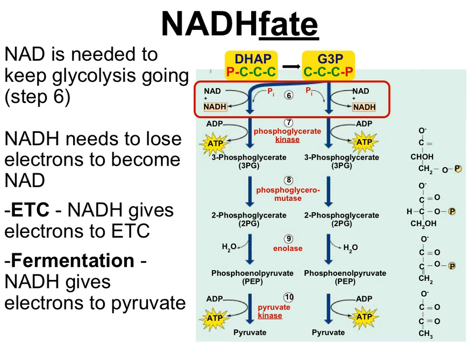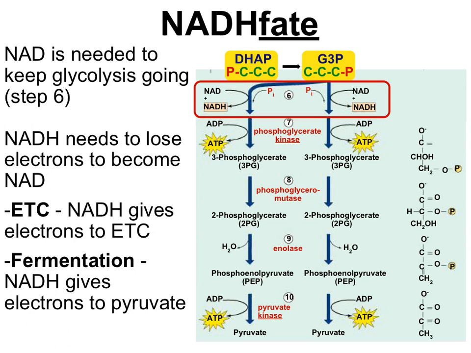NADH can lose electrons in 2 different ways. First, NADH can give its high energy electrons to the electron transport chain. Once NADH becomes NAD again, this NAD can go back and help out with reaction 6. But organisms that can't do aerobic cell respiration and organisms that don't have an electron transport chain still need to regenerate NAD.